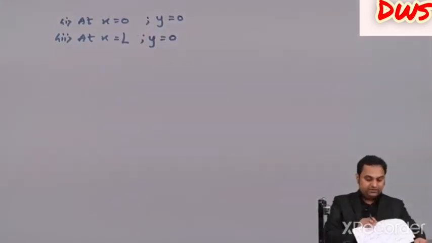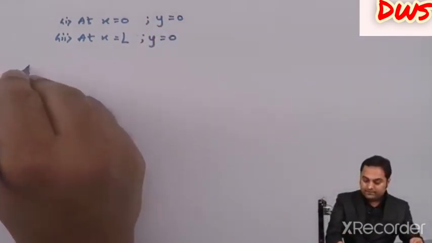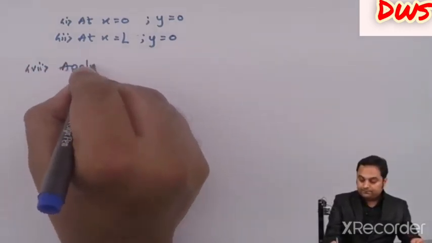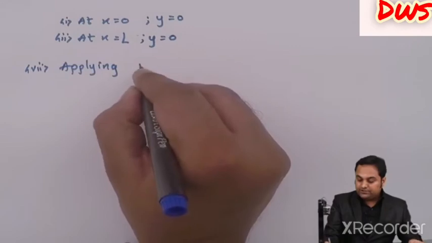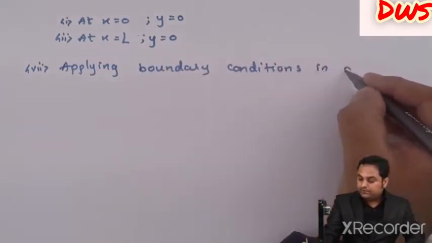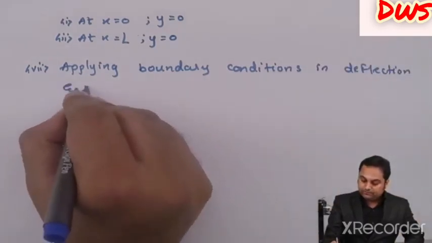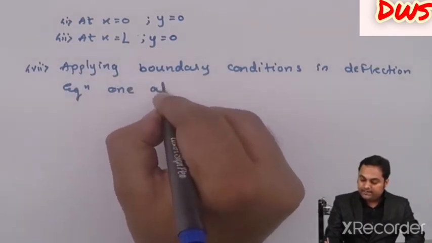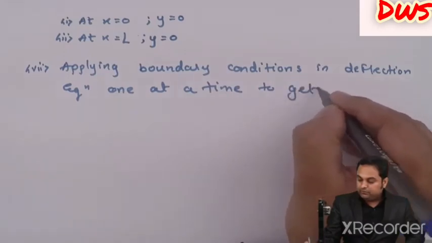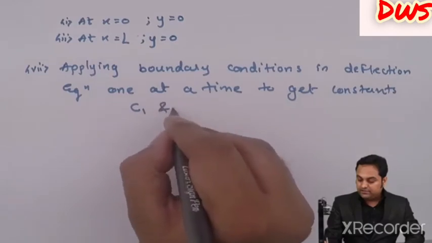After reaching here, the next step, step 7, is applying boundary conditions in the deflection equation one at a time to get constants C1 and C2.